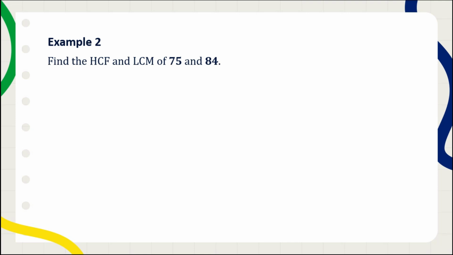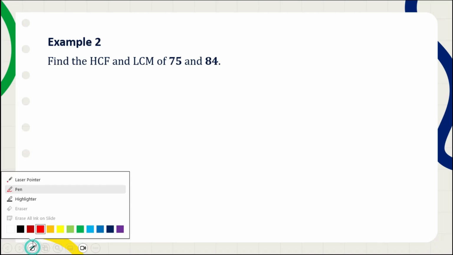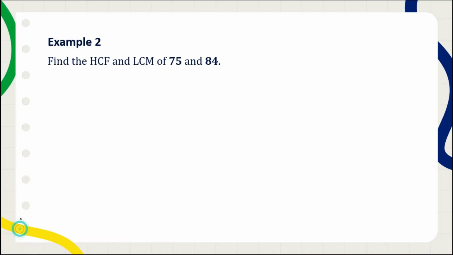First, we write each number as a product of its prime factors. For 75, as a product of its prime factors, it will be written as 3 by 5 to the power of 2.